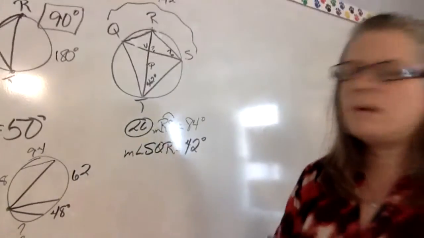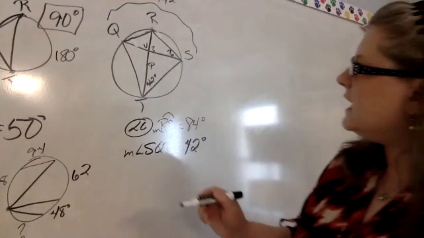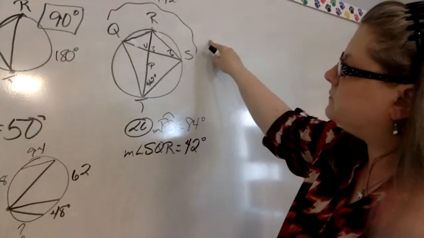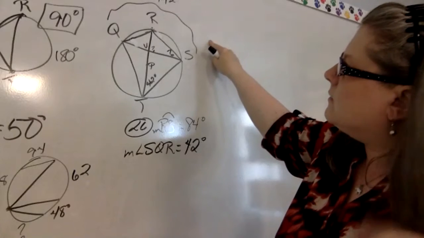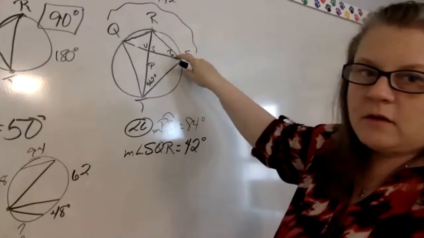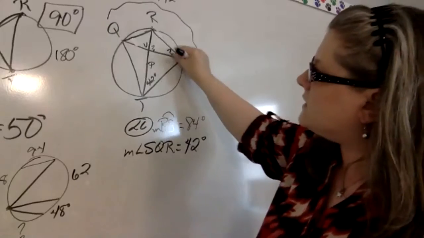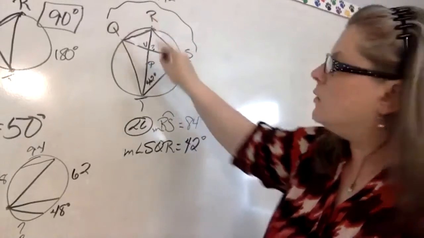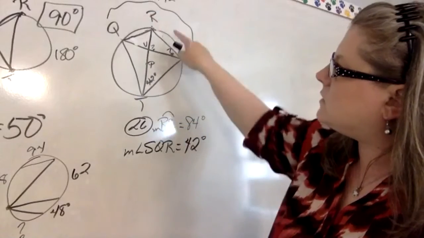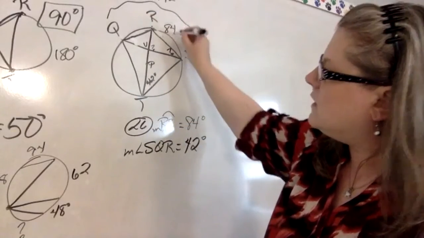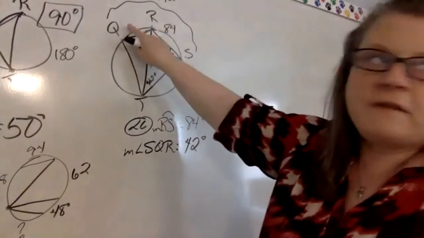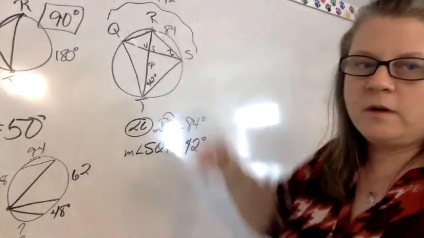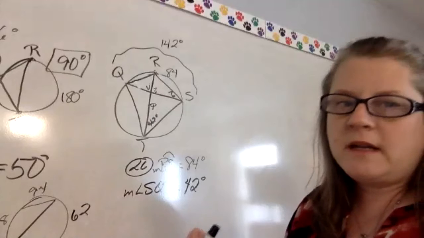So what we're going to start with for number 28 is this arc is 142 degrees. I only want to know this angle. This angle intercepts this part of that arc. So that's only this little piece. We already said this was 42, so this part was equal to 84. So to find this part, I would take 142 minus 84.